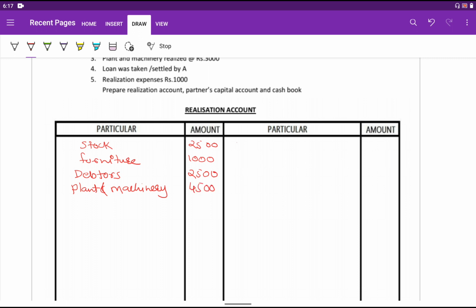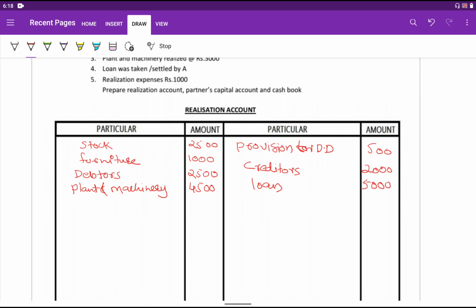Provision we will write here, as I told you in the last video: provision for doubtful debts is 500. I already explained this in the first question. Creditors, all creditors from the liability side we write on this side, 2000, and the loan is 5000. So the first step is over.